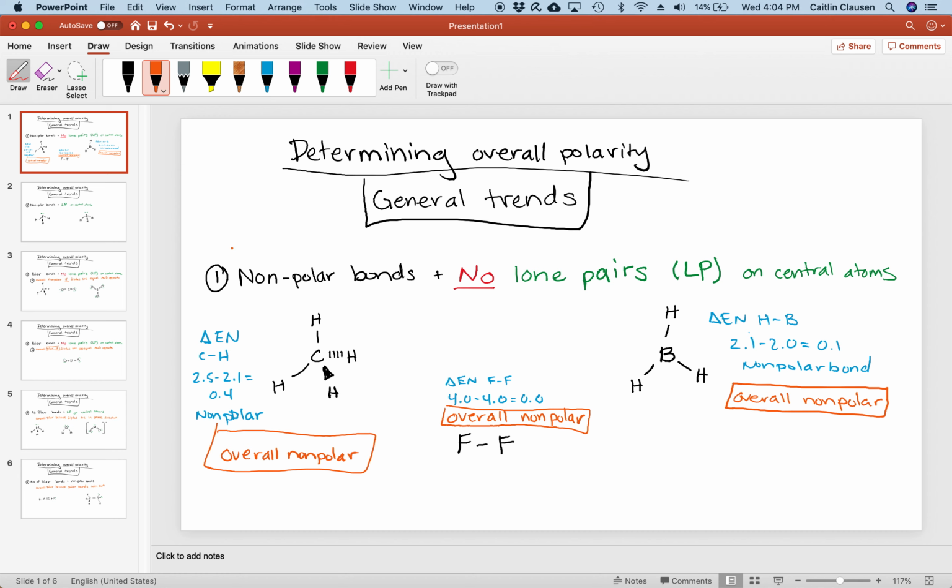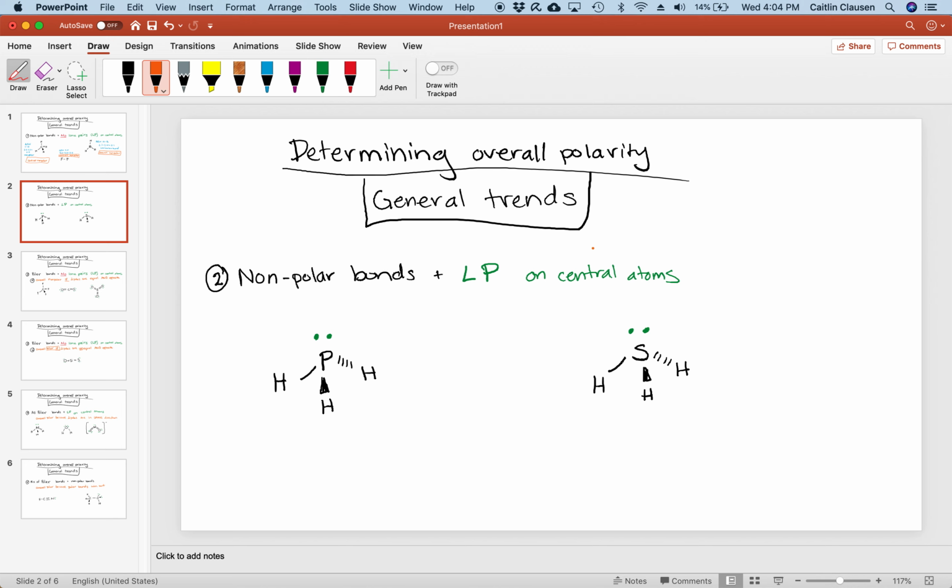Let's move on to an example where we have nonpolar bonds, but there are lone pairs on the central atom or atoms. We're going to start the same way. Calculate the delta electronegativity for the bond types. Between phosphorus and hydrogen, phosphorus is 2.1, hydrogen is 2.1, that's 0.0. Those are non-polar bonds.